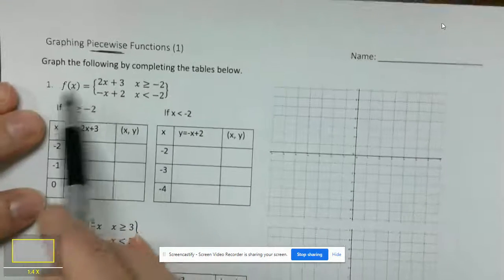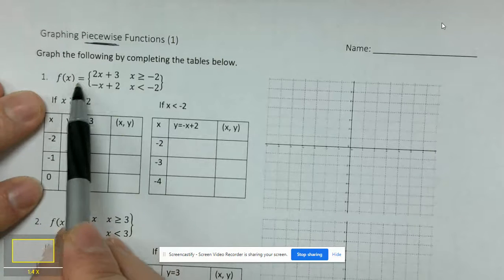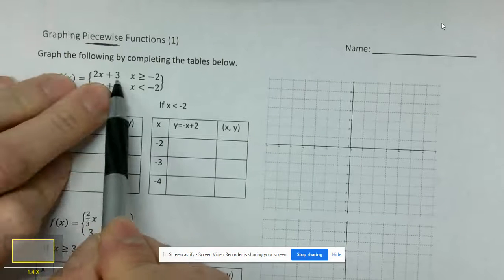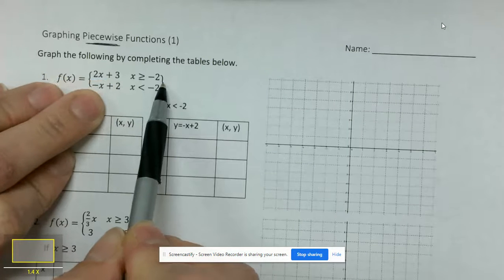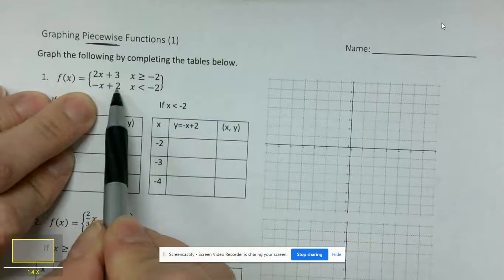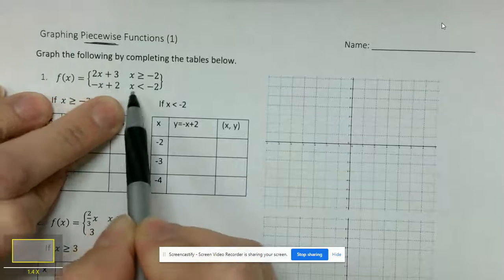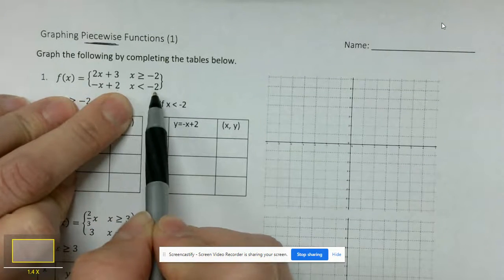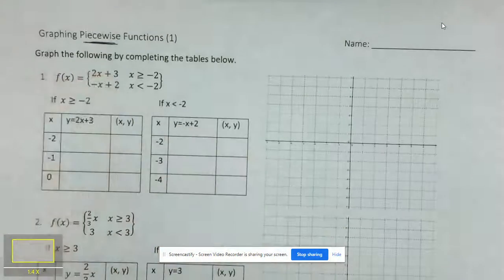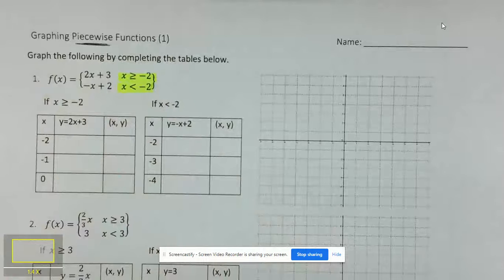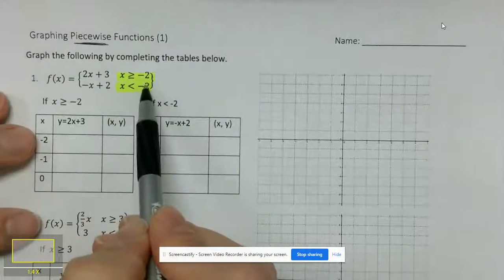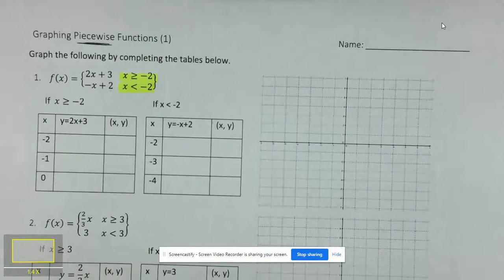So let's start with number one here. F of x equals 2x plus 3 when x is greater than or equal to negative 2. And it equals negative x plus 2 if I'm filling in a number that's less than negative 2. So this information that they give you right here is very important, because this bases where you fill in your numbers, okay?